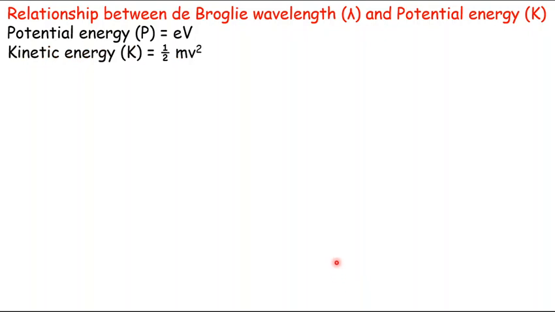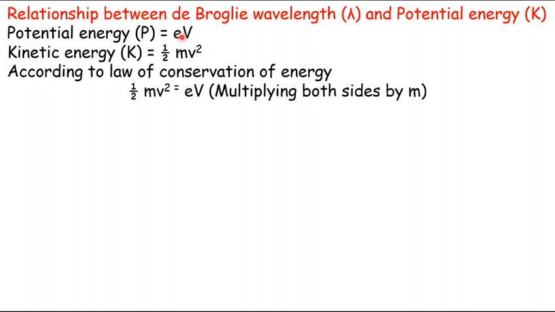Again, when a particle moves, its potential energy is converted into kinetic energy. And according to law of conservation of energy, this kinetic energy must be equal to the potential energy. Again, multiplying both sides by m, both LHS and RHS, the equation will appear like this.